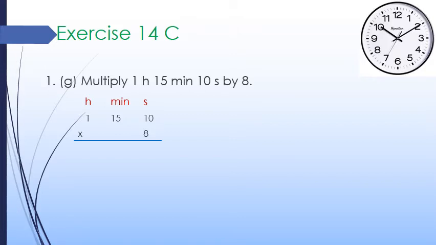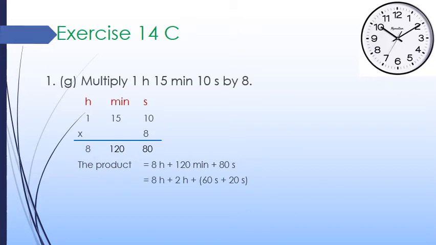So 10 seconds multiplied by 8 is equal to 80 seconds. 15 minutes multiplied by 8 is equal to 120 minutes, and 1 hour multiplied by 8 is equal to 8 hours, right? So the product is 8 hour plus 120 minutes plus 80 seconds.